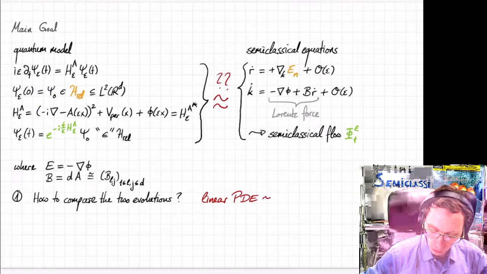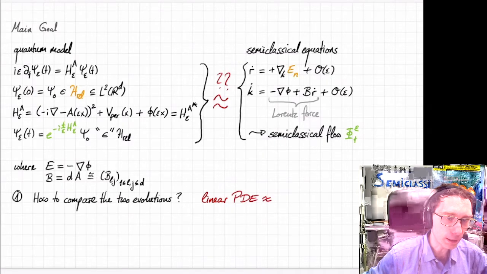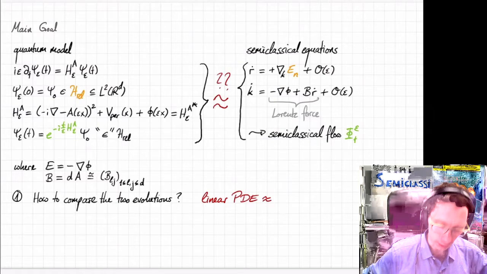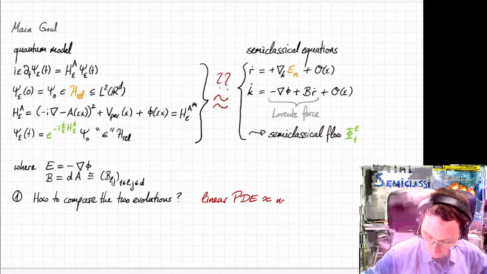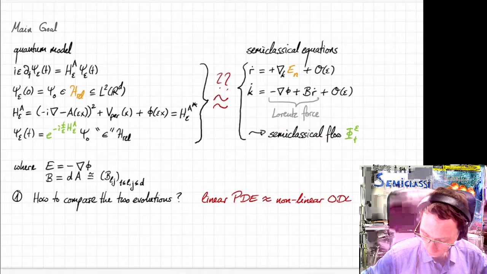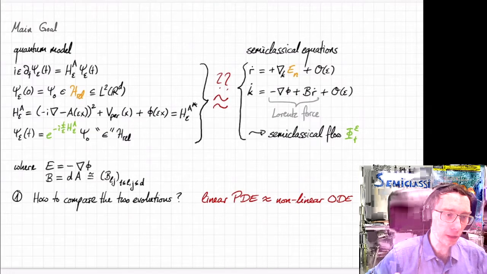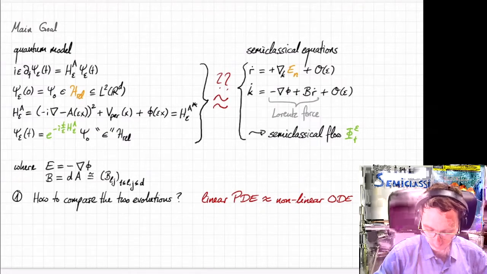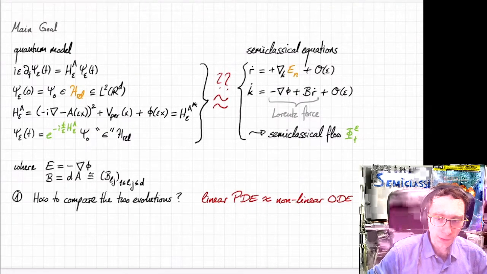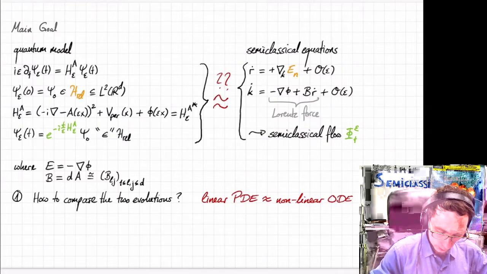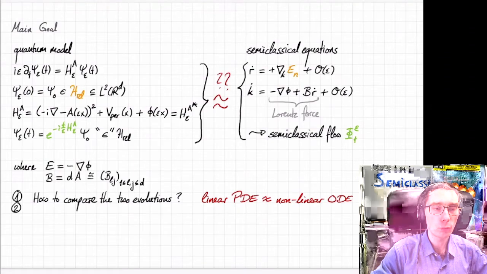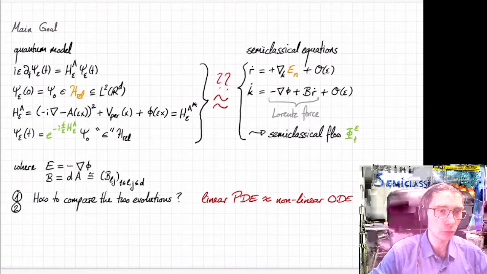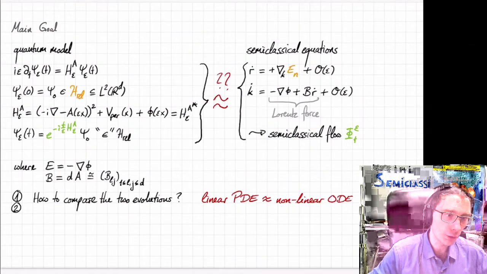And we would like to approximate it by a nonlinear ODE. So this is the trade that we would like to make. The second point is that we would like to be able to compute also higher order corrections.